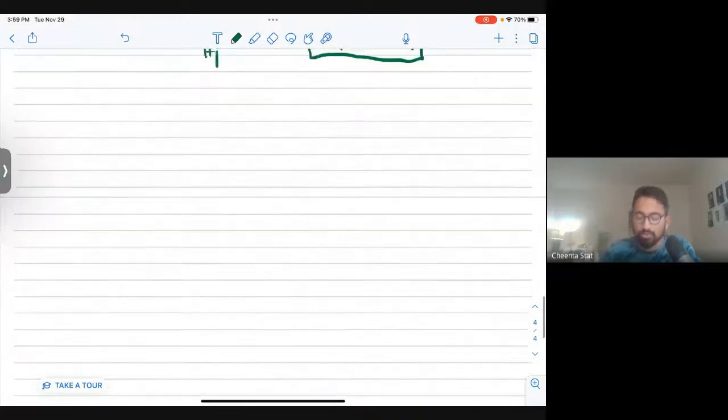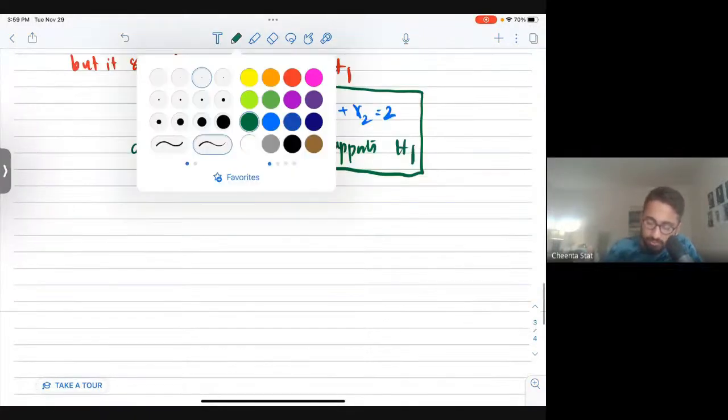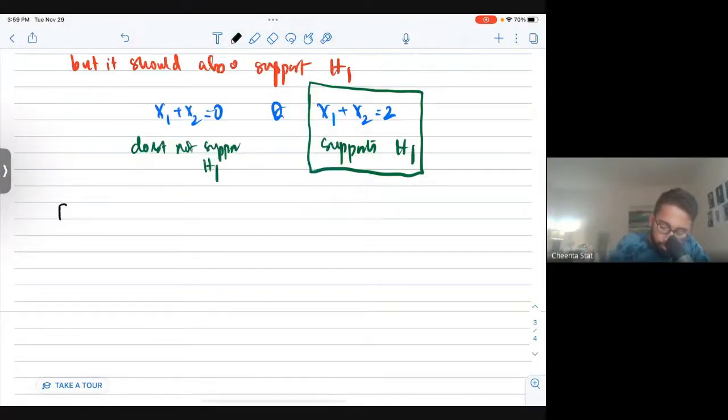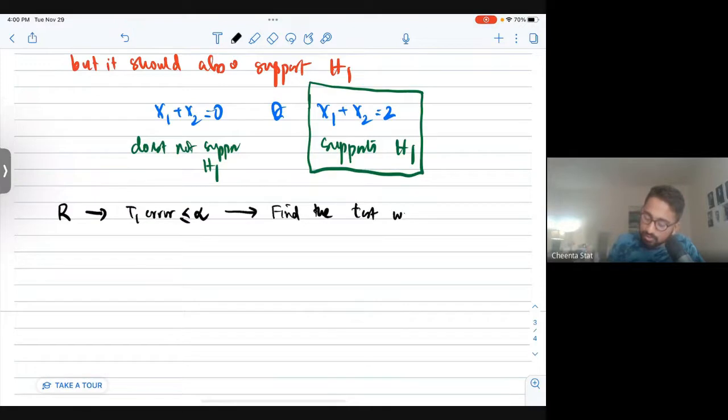So therefore, how do we get the best test? We find the R for which type 1 error is less than or equal to alpha. And then, fixing that, we find the test with minimum type 2 error.